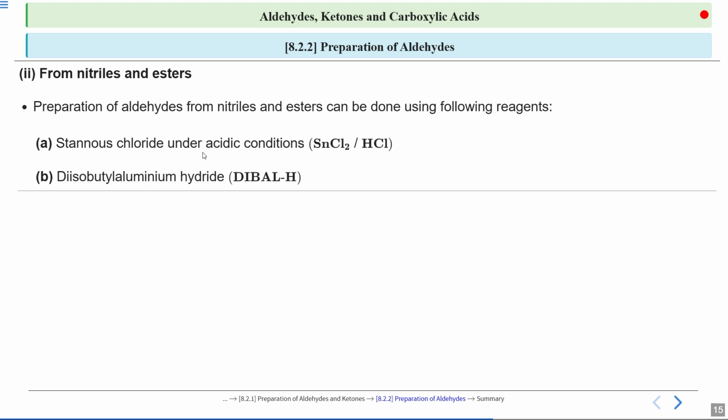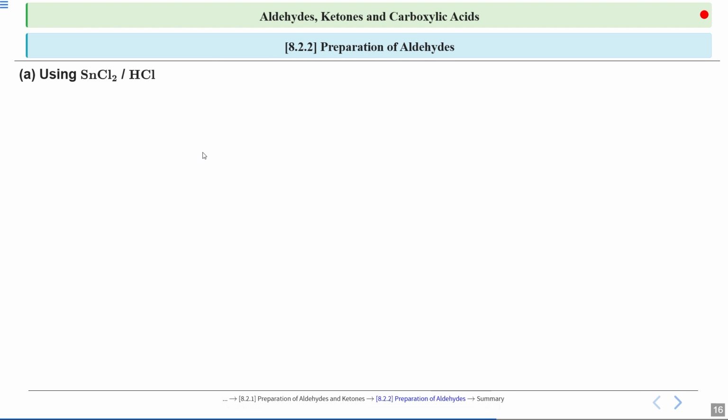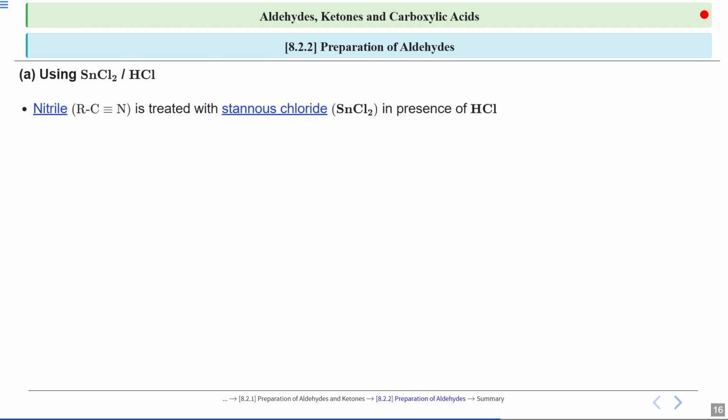Now, we will see their reactions. First is using SnCl2 in presence of HCl. Initially, we have a nitrile, where there is a triple bond between carbon and nitrogen. This nitrile is treated with SnCl2, which is stannous chloride, in presence of HCl.